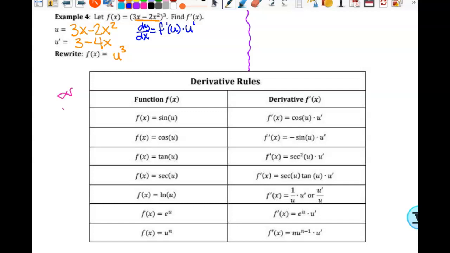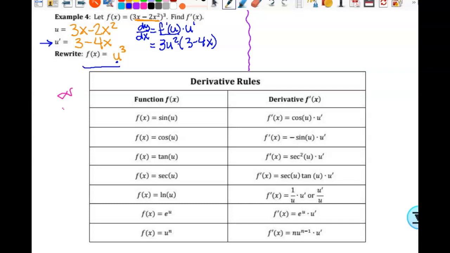So f prime of u, this is f of x. F prime of u is the derivative of this right here with respect to u. What's the derivative of u cubed? 3u squared. So 3u squared, that's the f prime of u part, times u prime. I found u prime right here. That's 3 minus 4x, and I have something with more than one term, so I'm putting it in parentheses.